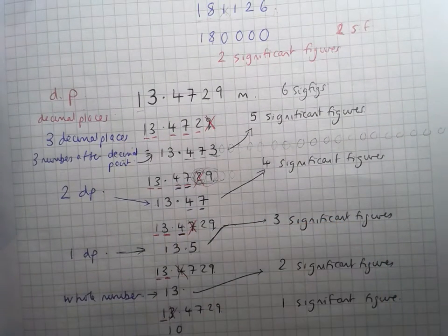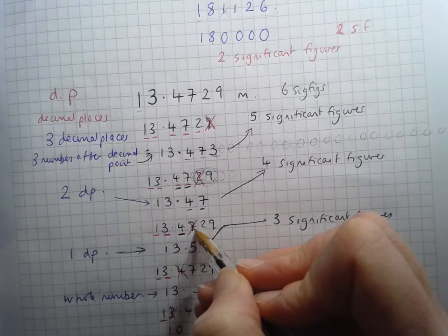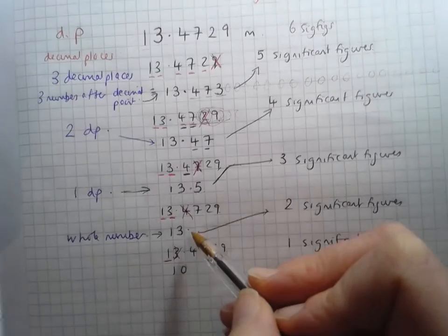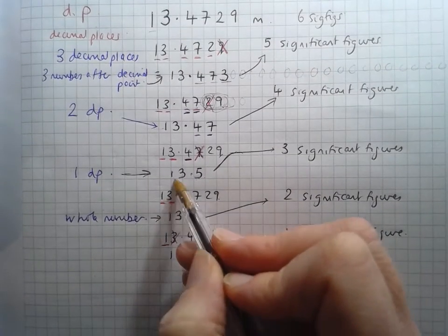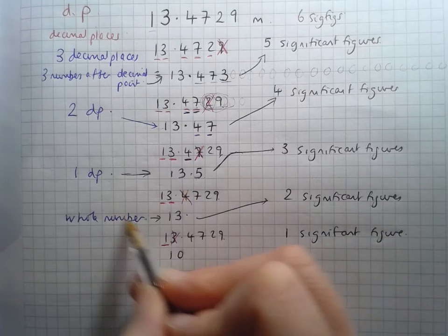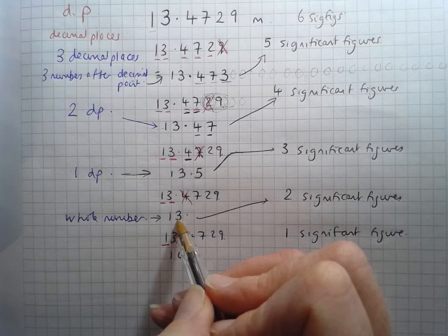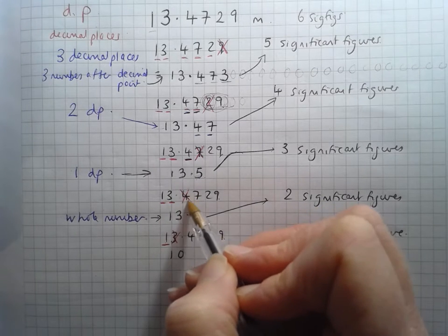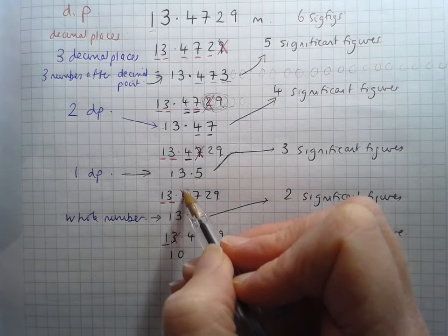The one closest to it that I'm losing is the 7. 7 is bigger than 5, so it rounds 4 up to 5. So that's 13.5. And finally, to the whole number, in other words, to no decimal places, that would just be 13, because again the 4 is less than 5, so it doesn't change the 3.